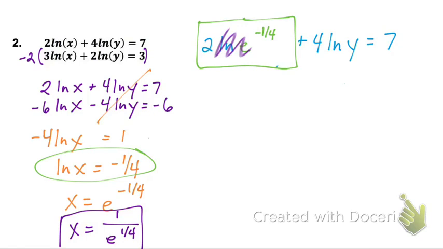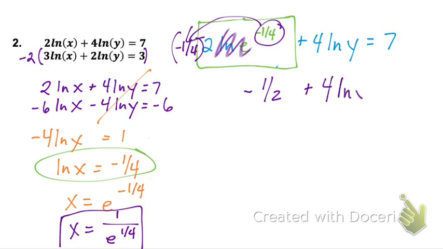And what happens to this exponent? It goes out in the front. So negative 1/4 times 2 becomes what? Negative 1/2. Will it be on the calculator? It will be on the calculator. You could plug in that equation, the 2 ln. You definitely could. How do you type an ln in? There's an ln button.